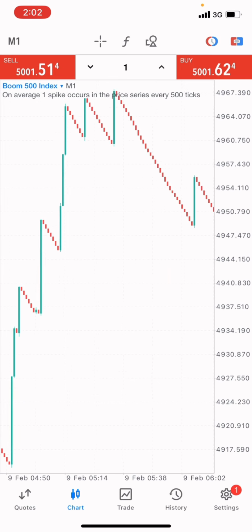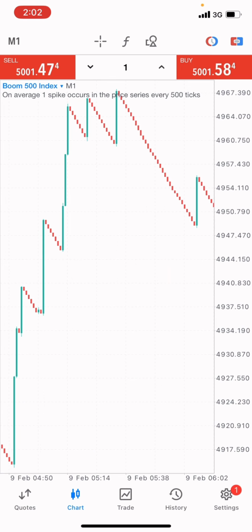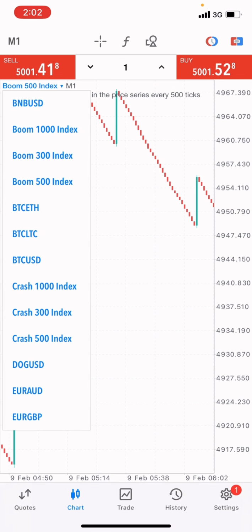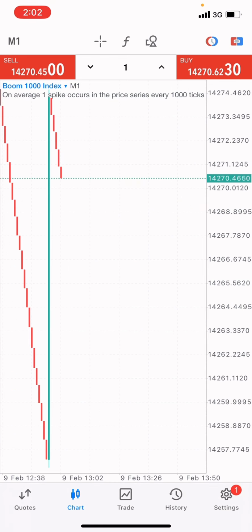All right, now like I said, you see on here that on the chart, on average, one spike occurs in price series every 500 ticks, right? While if you go to Boom 1000 index, you will see that on average one spike occurs in price series every 1000 ticks.